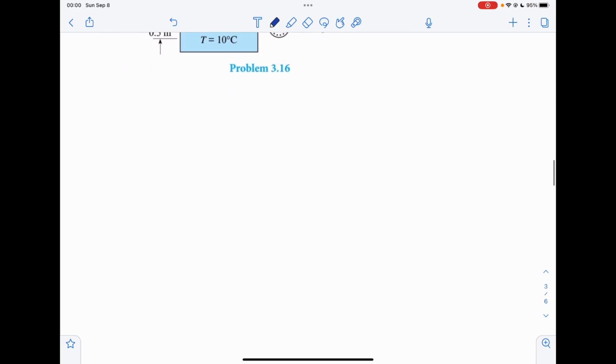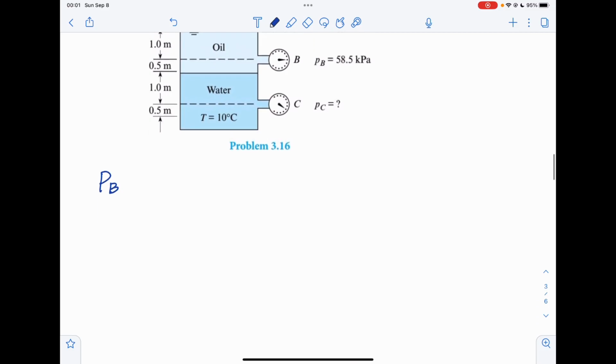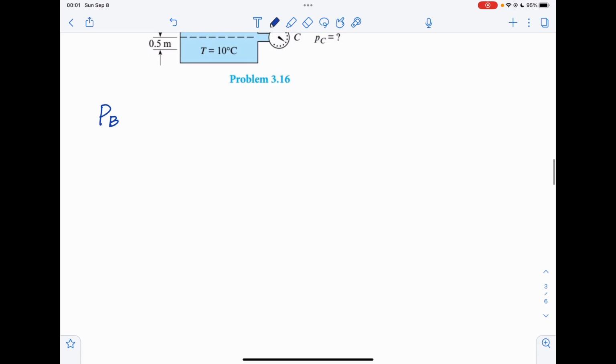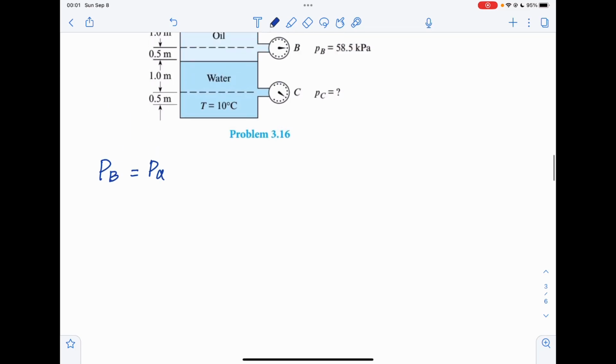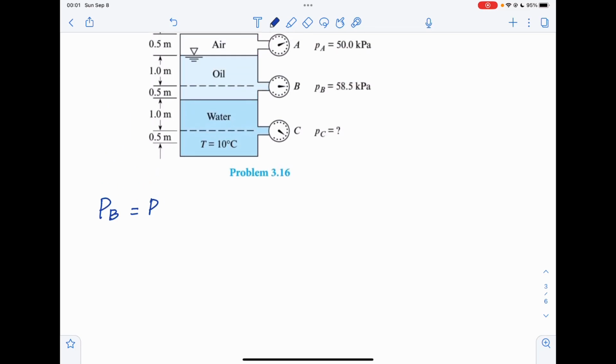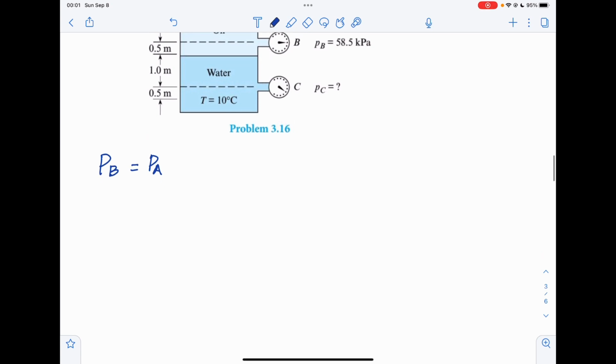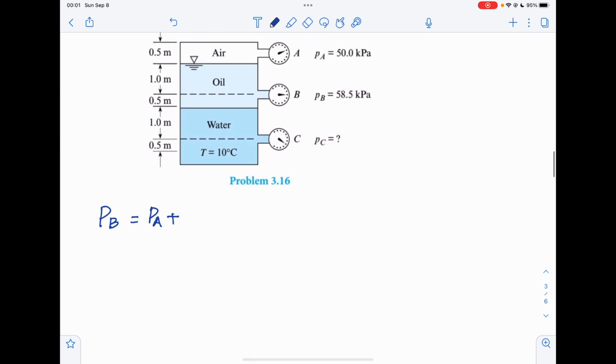So first we write down the pressure equation, the manometer equation. PB here will equal PA plus gamma of the oil times height of the oil.